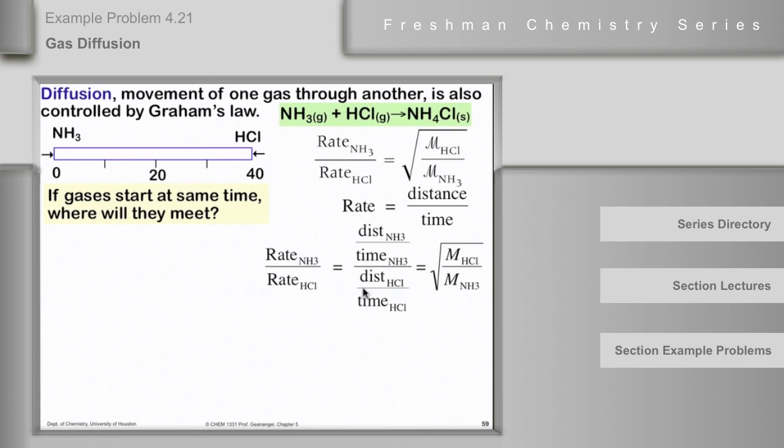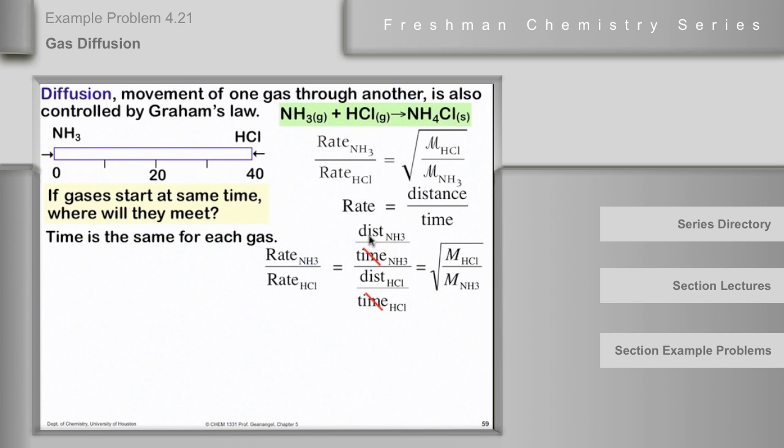The rate ratio is equal to the distance over the time for ammonia divided by the distance over the time for HCl, and those would, of course, be equal to the square root of the ratio of the molar masses. Now, the one thing we know here is the time is going to be the same for each gas because they start at the same time, right? So if you look at this expression, time for ammonia cancels out with time for HCl.